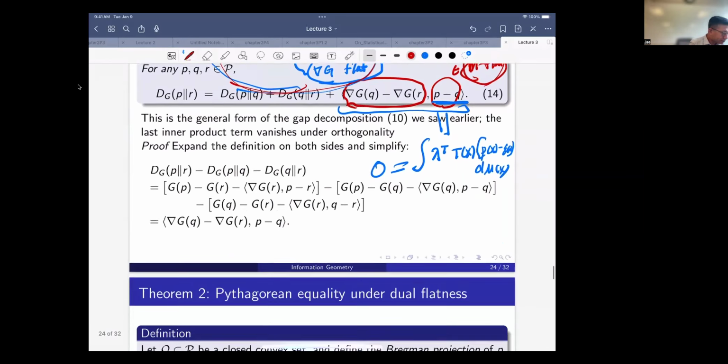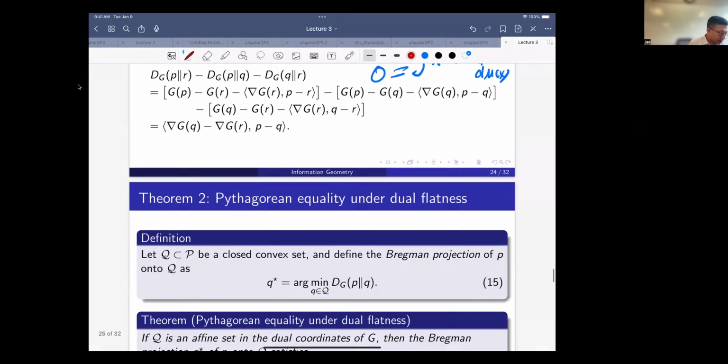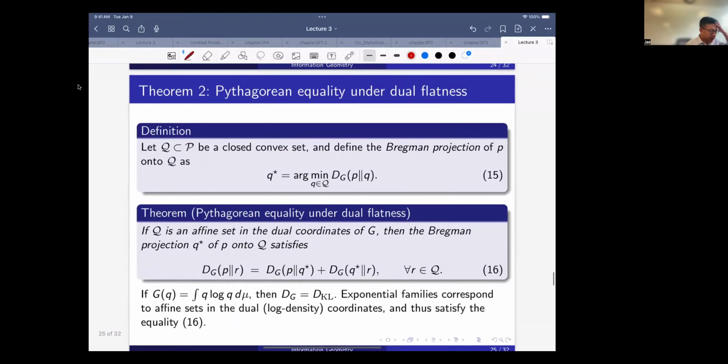And of course, when we talk about projection, we are talking about a flat space in some sense. The projection set Q itself doesn't have to be flat, but the Pythagorean theorem requires flatness.